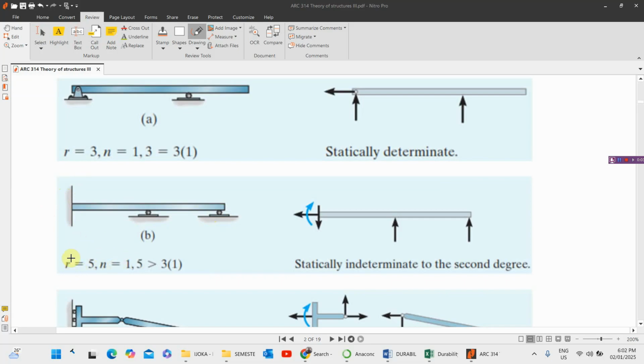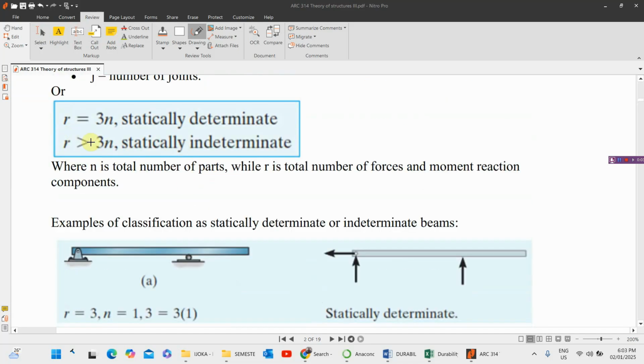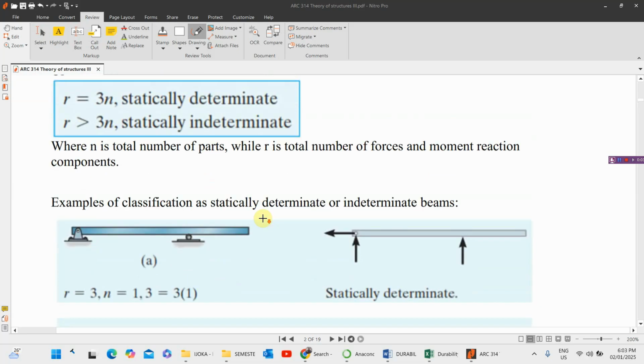So our r equals 5, and we have just a single member, so our n equals 1. For this particular one, we have r greater than 3 times n. So what does that say? It says it is statically indeterminate. When your r is greater than 3n, it is statically indeterminate.